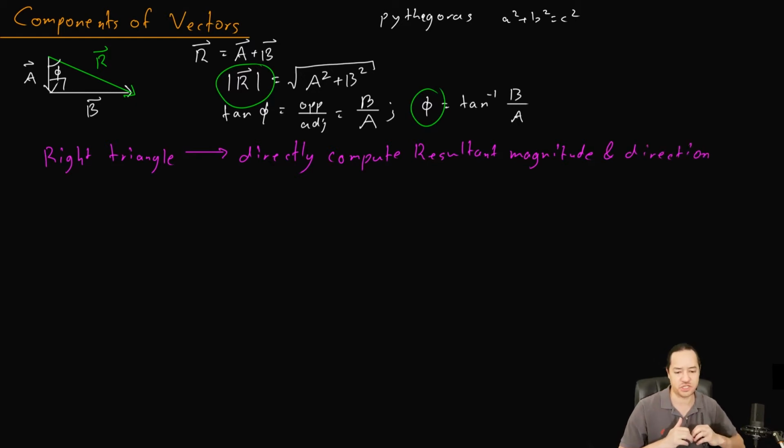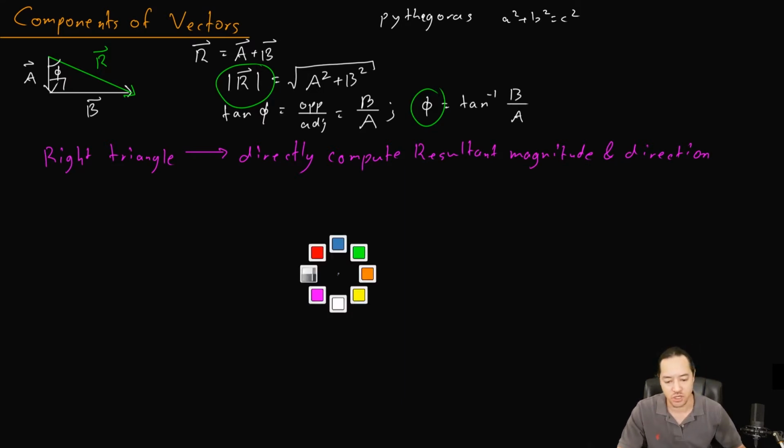And that's really good because we don't always want to be using a protractor and ruler to try and add vectors together. It's better to do things mathematically if we can. So, great.